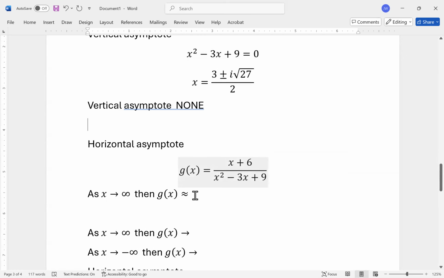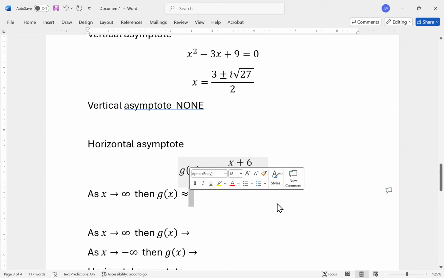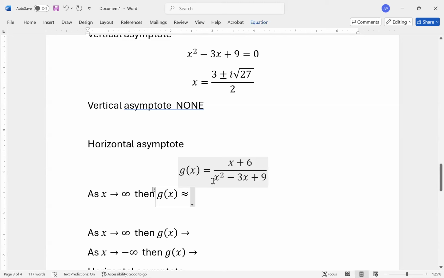Let's take a look at the horizontal asymptote. Again, the behavior of the graph is always going to be determined as x goes to infinity or x goes to negative infinity. This doesn't work when x goes to any other real number.